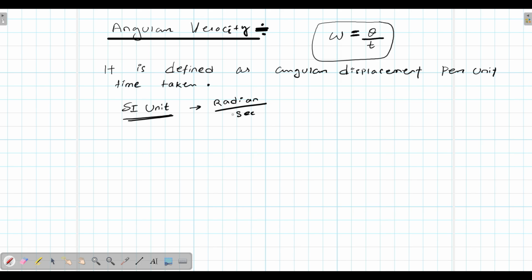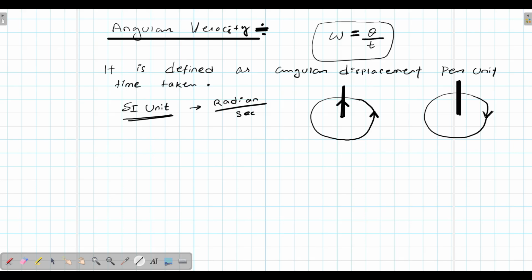For anti-clockwise motion, it is directed outward.